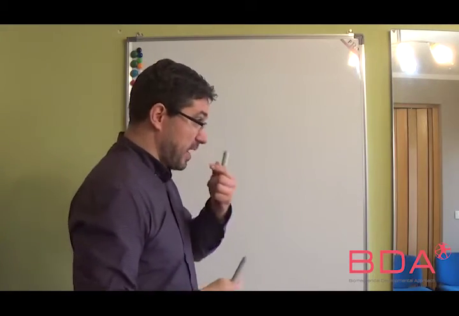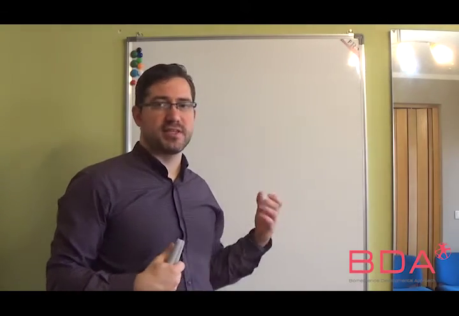I just want to shortly explain blood circulation. Arteries bring the blood from the heart toward the tissues. It's oxygenated blood, the fresh blood. Veins have the opposite role.